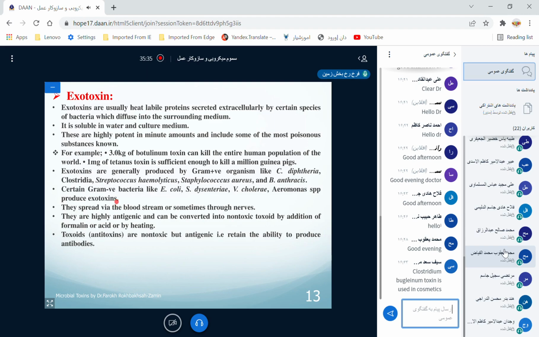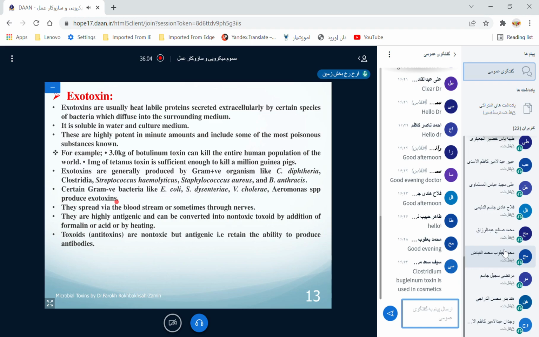So some gram-positives and some gram-negatives can produce exotoxins, but all gram-negative cells can produce endotoxins. Endotoxins: all gram-negative. Exotoxins: some gram-positive, some gram-negative.